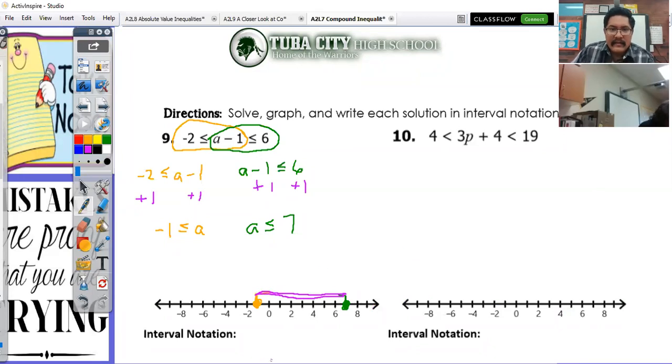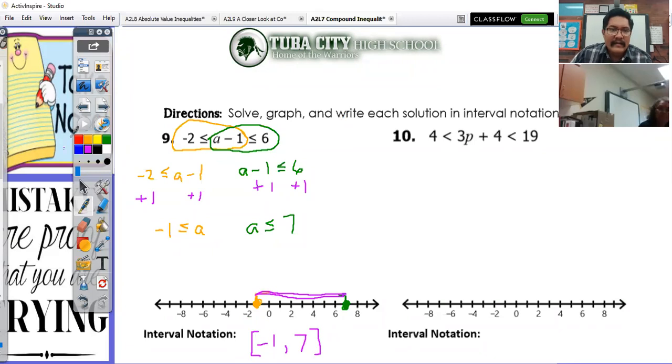And let's go ahead and mark it in interval notation. So smaller number goes first, -1, and it is included in the solution, so use a bracket. On to 7, which is also included in the solution, so bracket also. And that's it for that one.